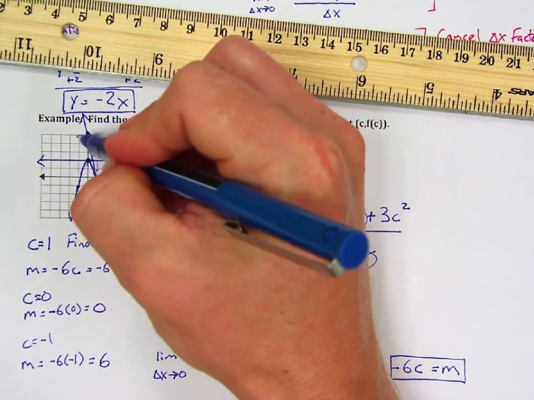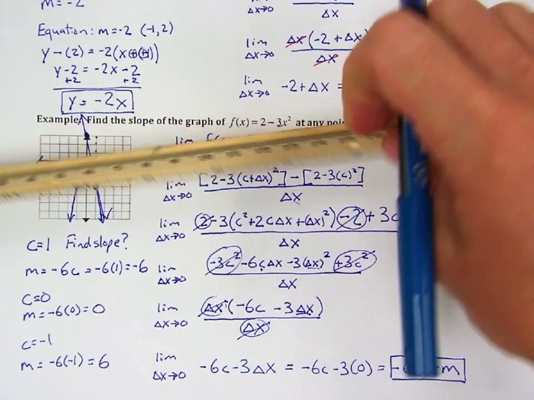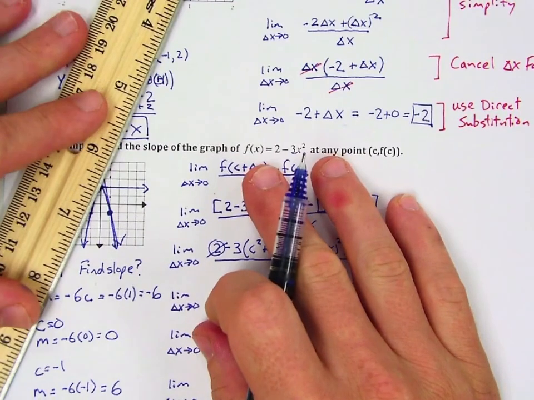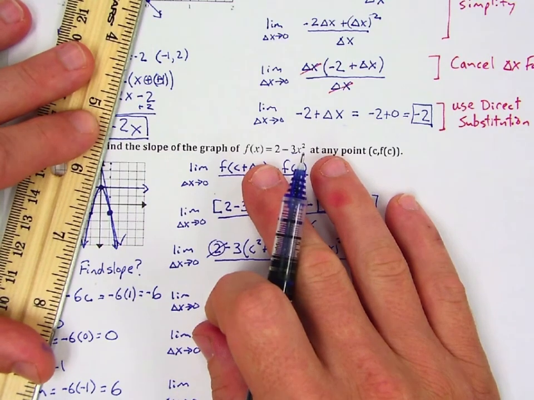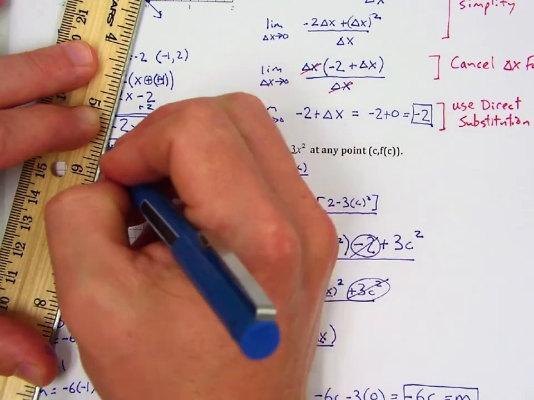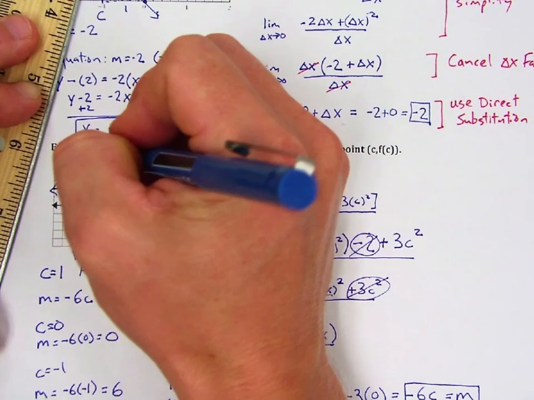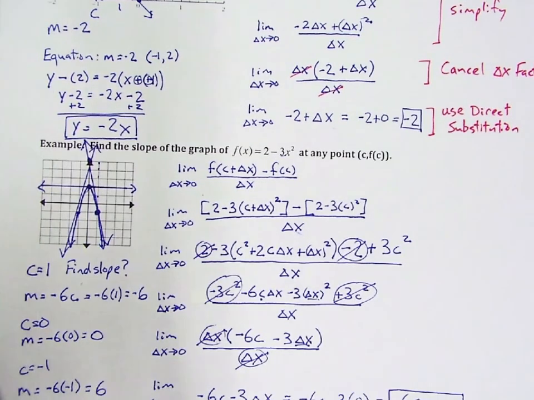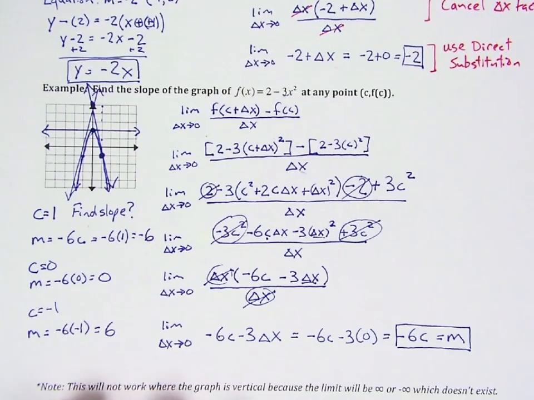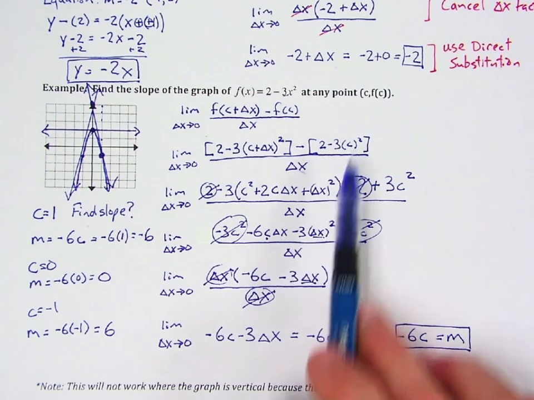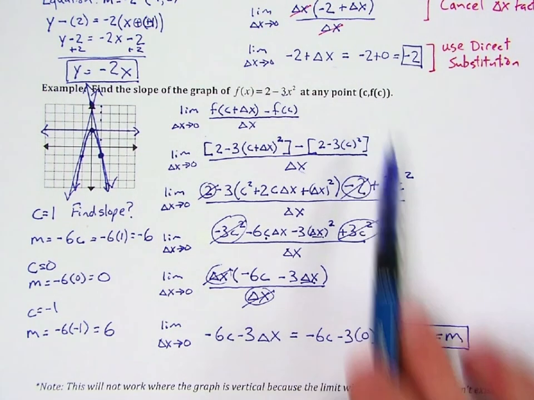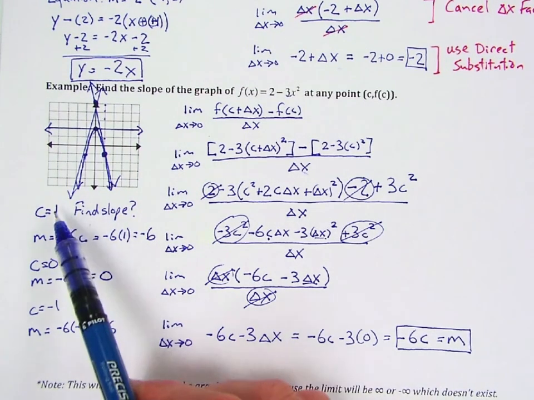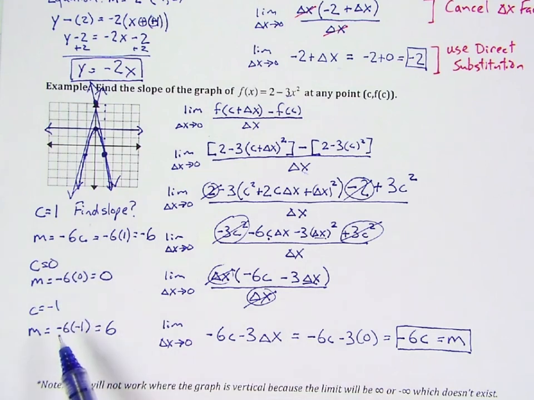So here we'd go up 6 to the right 1. And there we go. So you can see that finding the slope for any point c, f of c helps us to quickly find the slope at any point because we know the equation for the slope.